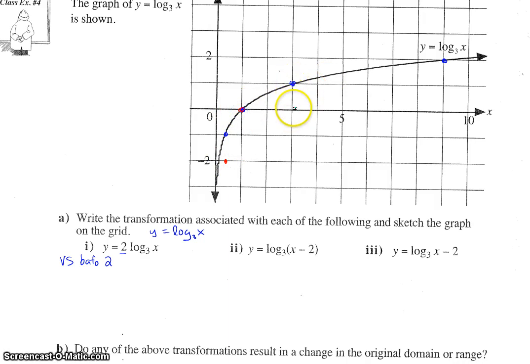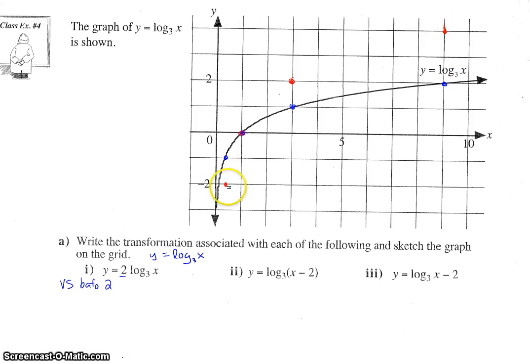This one is a distance of 1 above the x-axis, so that would be now 1 times 2, so it goes to here. And then this one finally has a y value of 2, so 2 times 2 puts us at a y value of 4 right there. Okay, so let's draw that graph now. That should look something like that, and let's label that y equals 2 log base 3 of x.